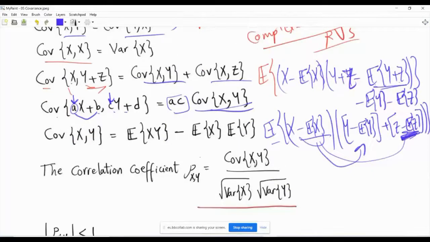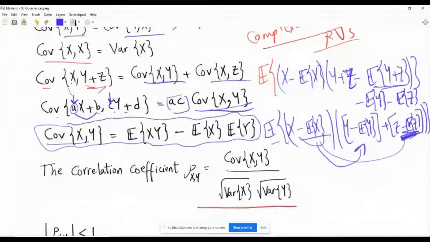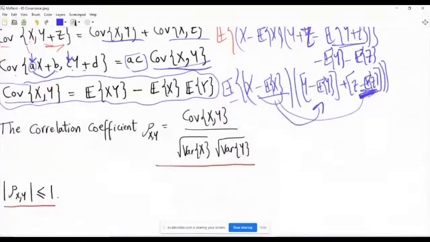Also, you can rewrite the covariance as the expectation of the product minus the product of expectations. Sometimes this formula is a bit more convenient to use. The derivation is very straightforward. We start with the expectation of x minus expected x, times y minus expected y.